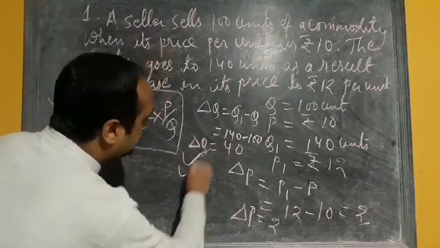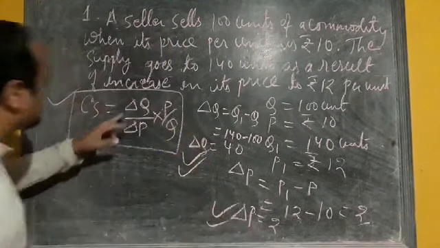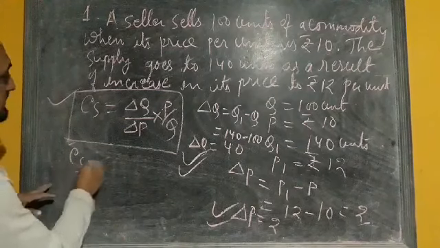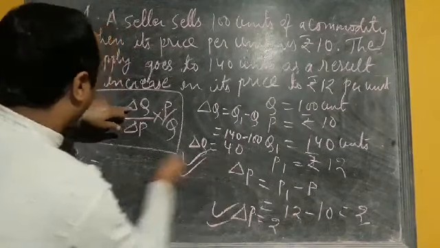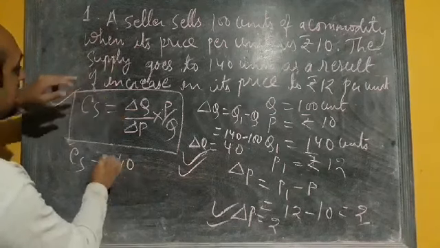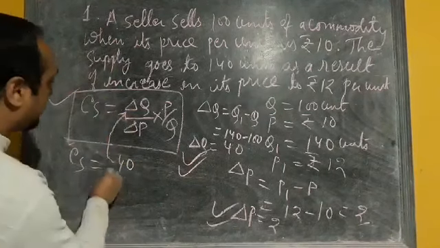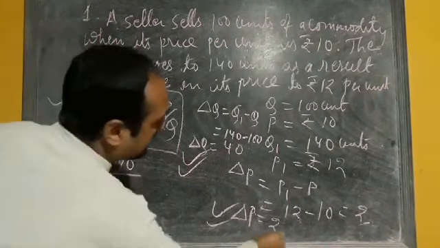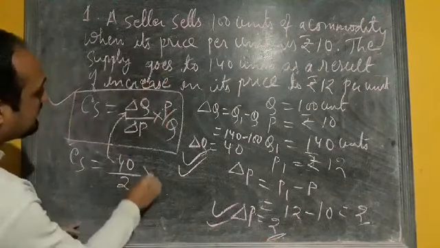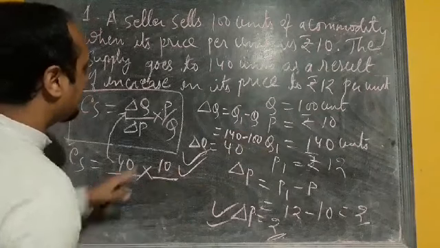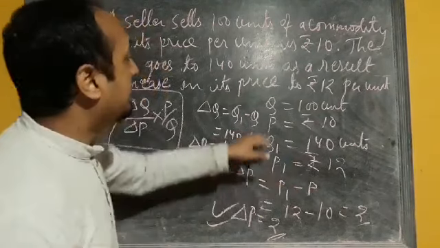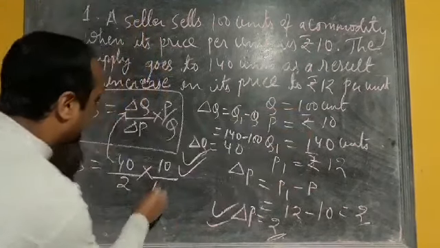So we got del Q and del P. Now we apply the formula. E is equal to del Q, which is 40, divided by del P, which is 2, into initial price 10 and initial quantity 100.